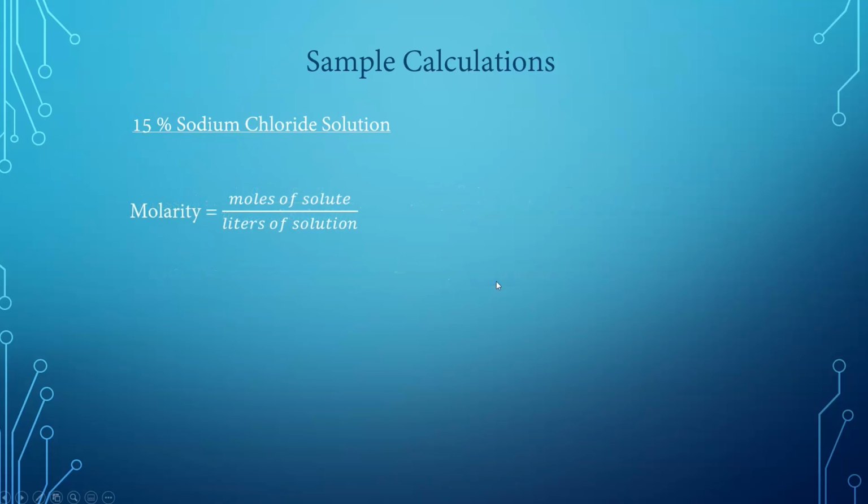The third thing we want to figure out is the molarity of the solution, so we need the moles of solute and the liters of solution. As a starting point, we know how many grams of sodium chloride we started with, and we know how many grams of solution. We measured both of those at the very beginning in the beaker. So we simply need to get the grams converted to moles on the top and the grams converted to liters on the bottom.